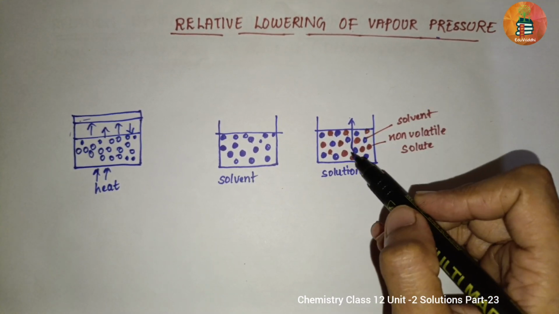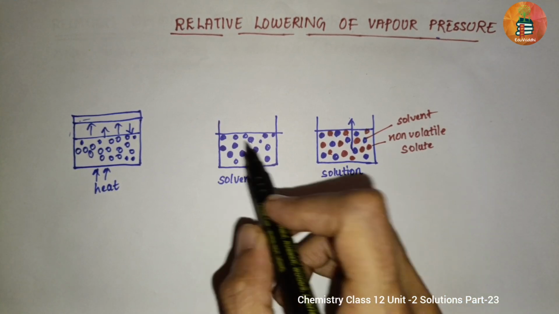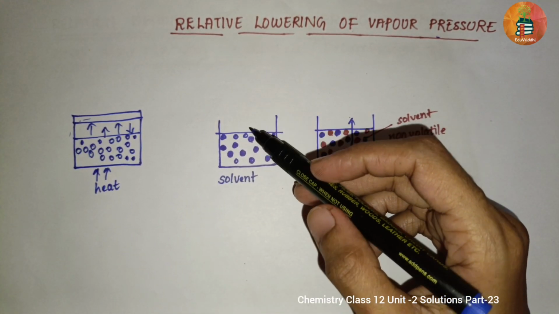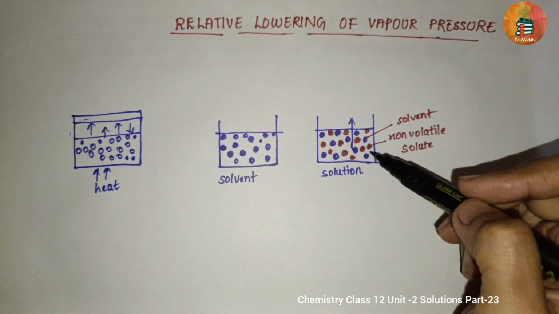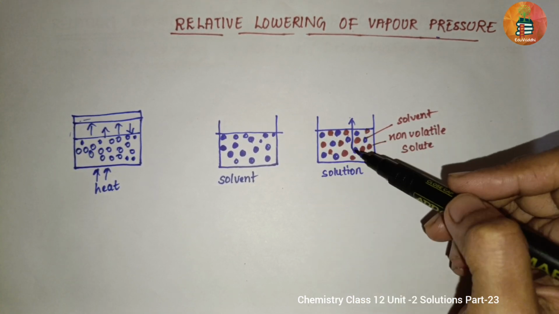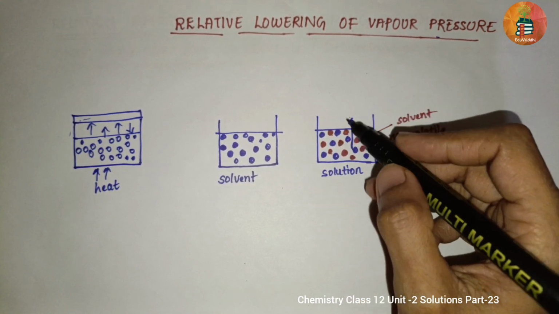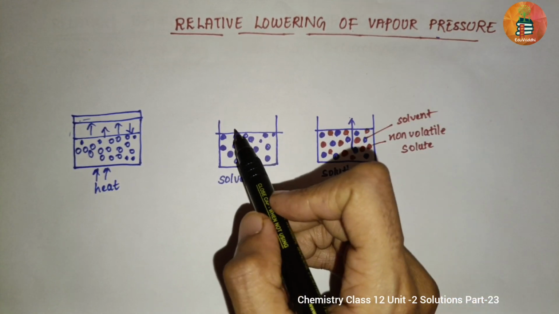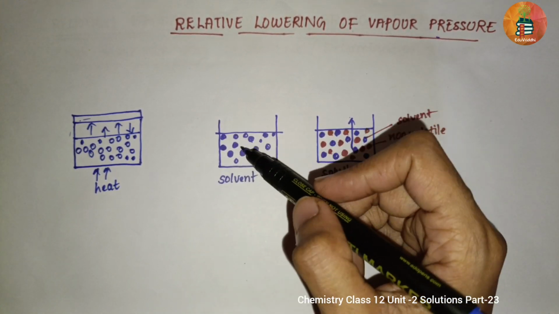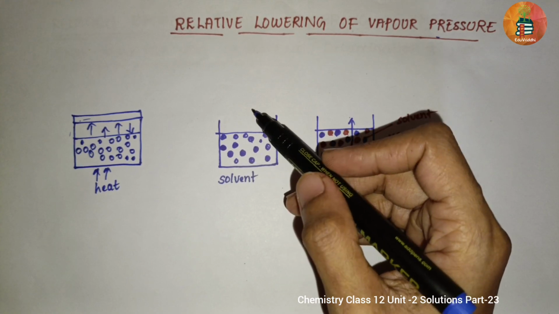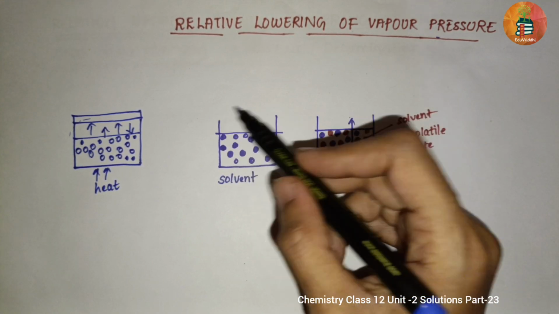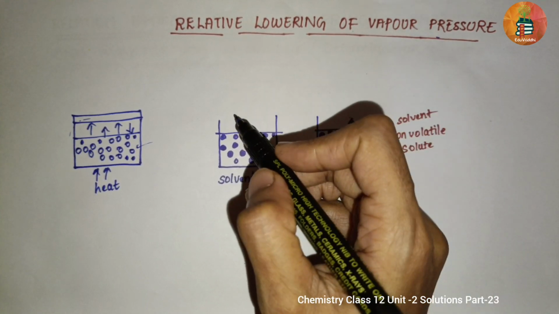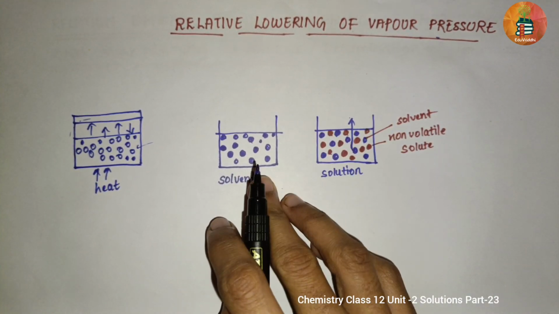So it is not so easy as in case of solvent. In solvent, there are only solvent molecules, which will directly change into vapor state. But here, it should overcome the space between the solute particles and then come out as vapor. So in the pure solvent, since vaporization is very easy, it creates pressure on the lid of the container. Here we can say that vapor pressure is higher in case of solvent.